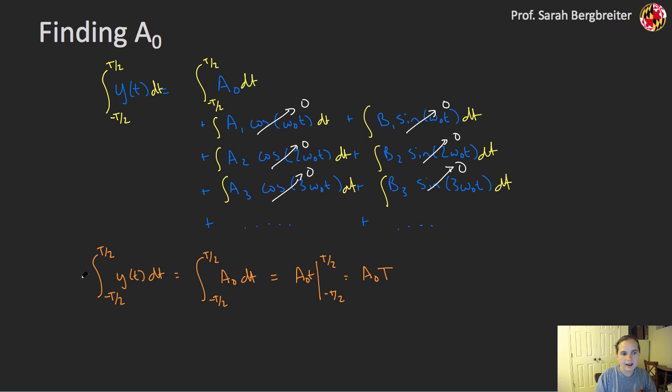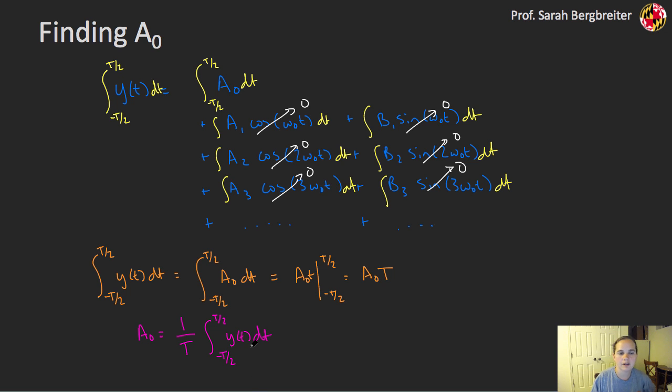Right, so now I can calculate a naught from this equation. So a naught in the end is going to be 1 over T times the integral over a period, minus T over 2 to plus T over 2, of y of t dt.